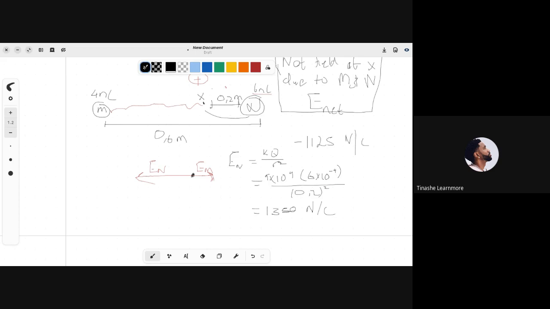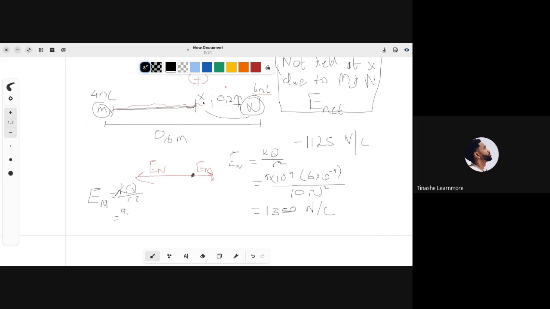Then for M, I'm going to have to first simplify out that distance there. I'm going to have to take the 0.6 and minus out the 0.2 to have the distance between M and the charge X. So what I would have there is 0.4. Okay, so it being 0.4, then I can find out the electric field intensity of M, like so. I still use the very same kQ over R squared.